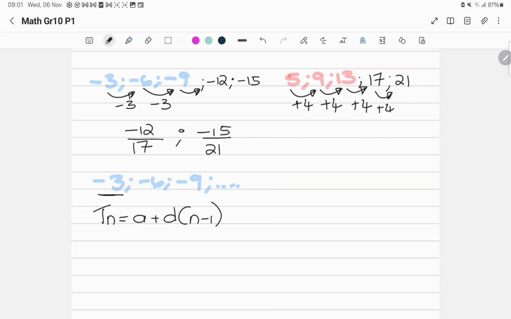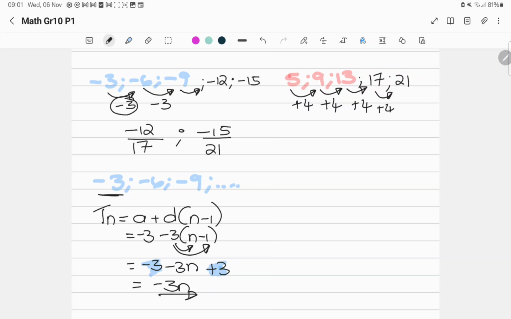So a, my first term, is negative 3. My constant difference is also negative 3, and then I put my brackets. When you multiply this out, it gives me negative 3 minus 3n plus 3. And now I ask myself, if this is minus 3 plus 3, what does it give me? It gives me minus 3n.